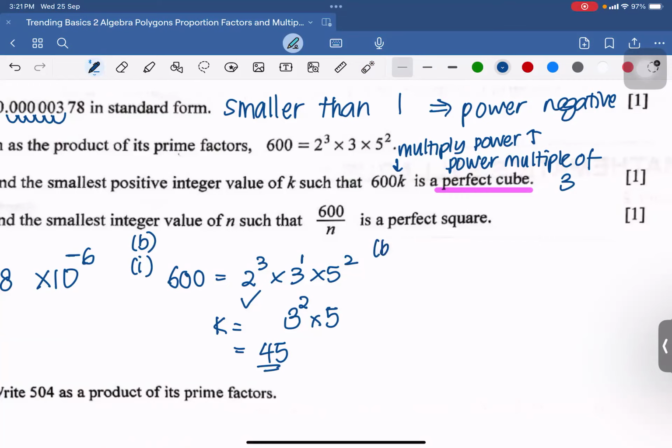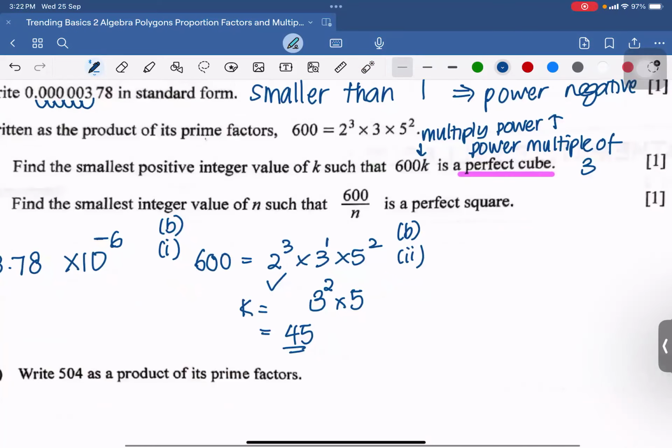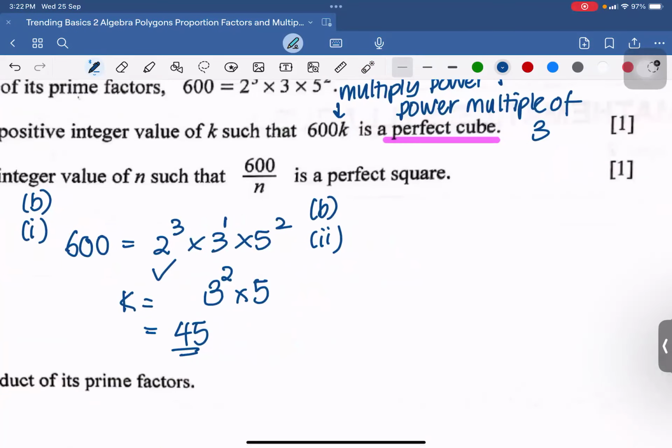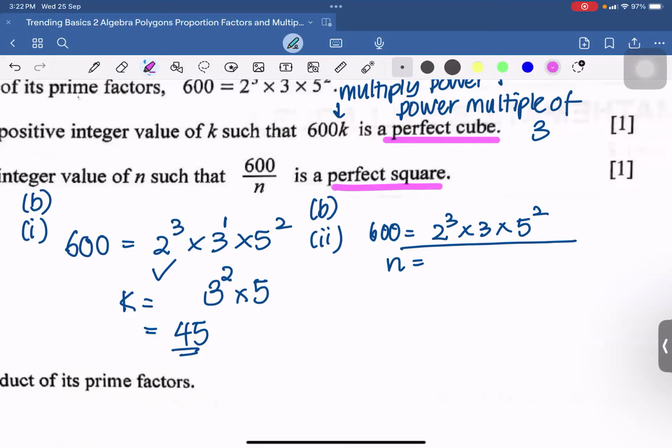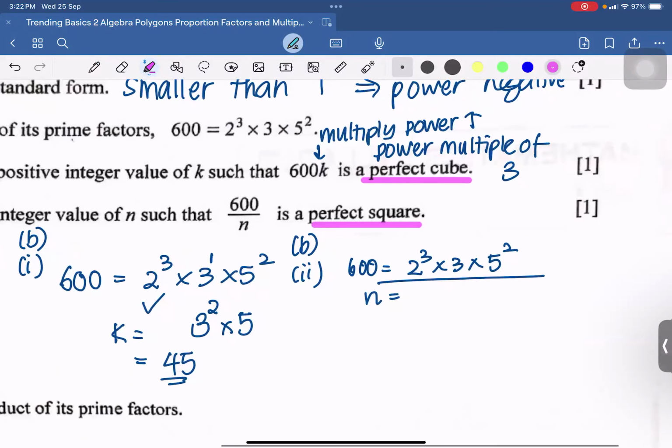Now B part 2. Notice they want the smallest integer value of n, such that I take 600, divide away something to make it a perfect square. Anyone talk to me, what is the meaning of perfect square? The power is a multiple of 2. So let's see.